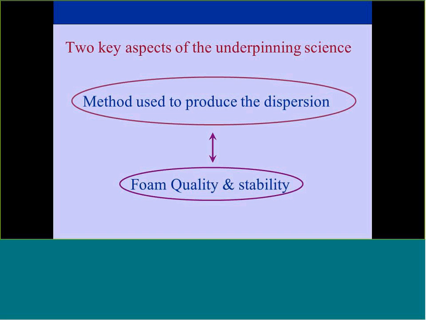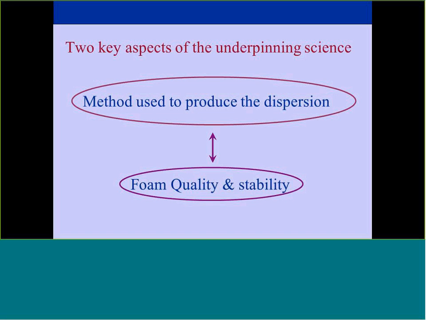So from an engineering point of view, our approach has to be very different, and the main difference is that we are not just looking at a foam like physical chemists do, but what we do is to look at the quality of the foam that is formed with the method that is used to produce it. That link is of critical importance to food engineering.